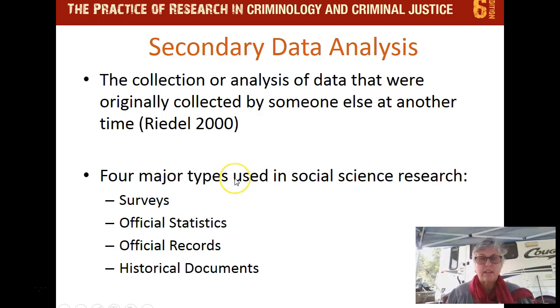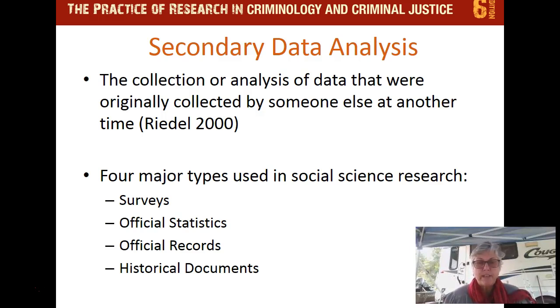So what is secondary data analysis? Many of you in your discussion this week did very well with explaining this. But secondary data analysis is the collection or analysis of data that was collected originally by someone else. And you can find numerous places that you can collect data.